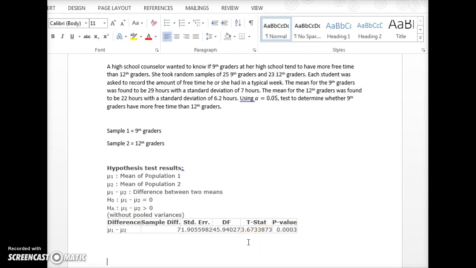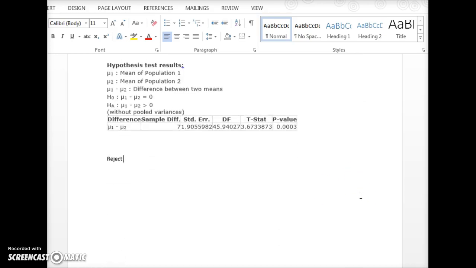So our conclusion is reject H naught if the p-value is less than 0.05, which was our alpha. And in this case, our p-value is 0.0003, so yes, we reject H naught.